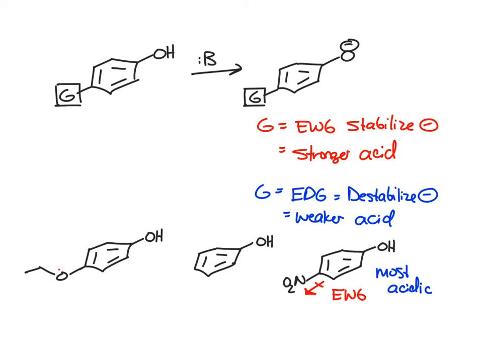Then when you have a group like this ethoxy group, because of resonance donation here into the ring, that's an electron donating group. Essentially, you can think of this as sort of trying to pump more electrons into your already negatively charged conjugate base, so that's going to make it a less stable negative charge, and your corresponding acid is less acidic. So of these three, that's the least acidic acid.